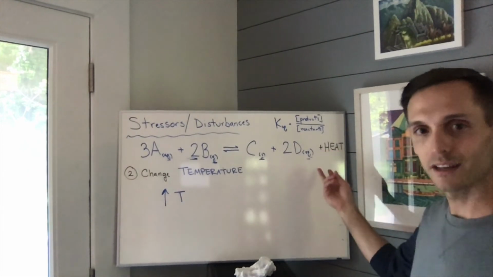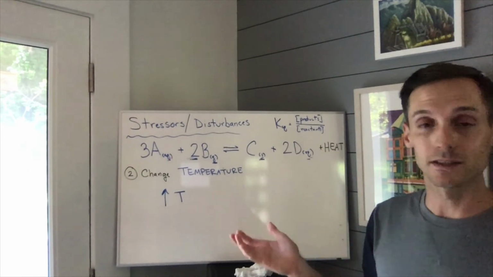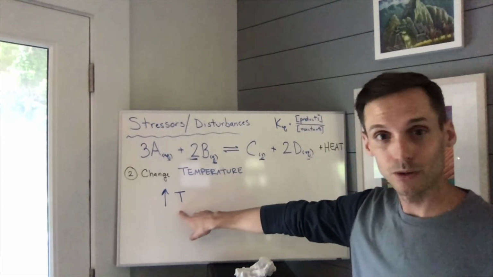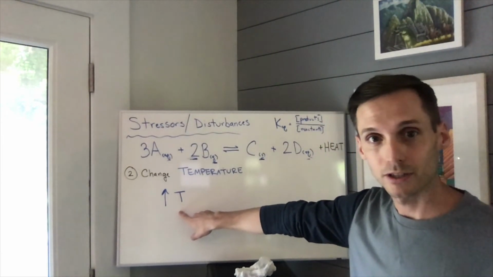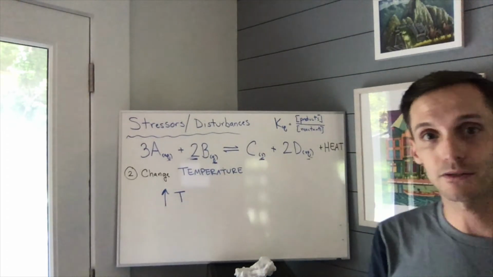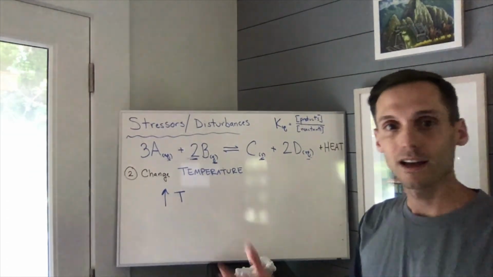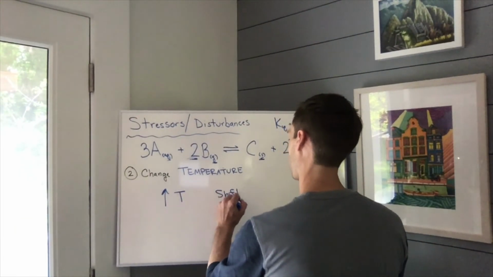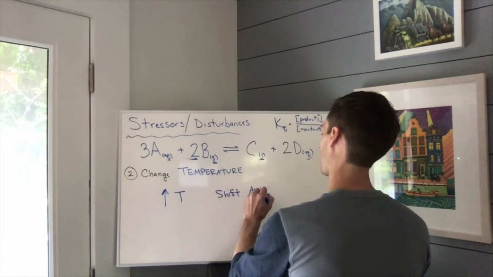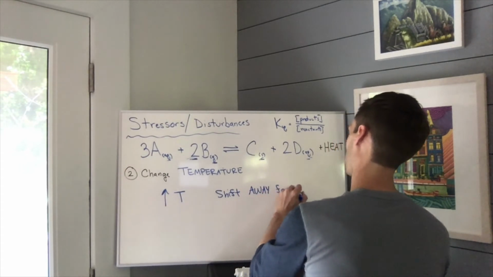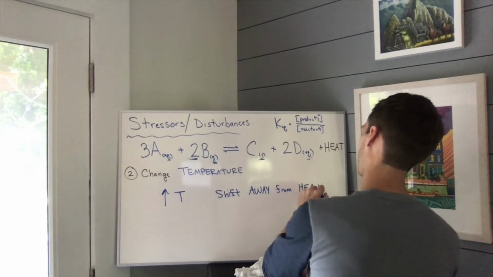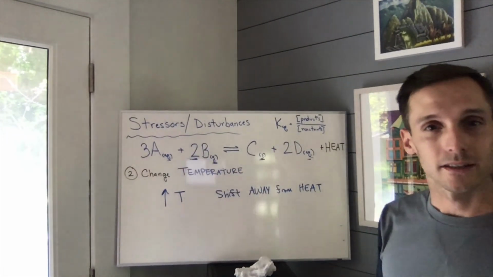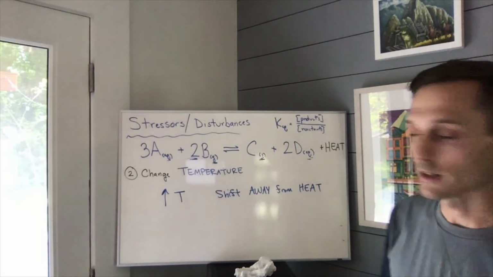You can just think of heat as a substance like A, B, C, or D. So if you increase the temperature, you're going to shift this reaction away from the heat. Okay, so it's going to shift away from heat. In this case, it would shift towards the left because it's exothermic and heat is a product.